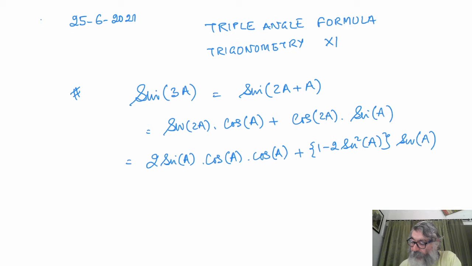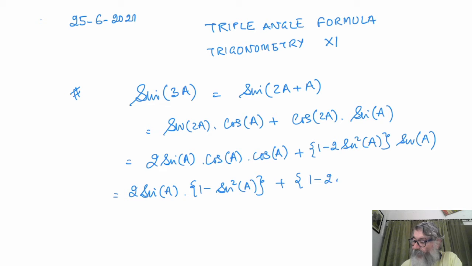Now it is 2 sine a, and cos a into cos a will become cos square a, and cos square a can be written as 1 minus sine square a. This second part was already converted in terms of sine a, so there is no issue there.